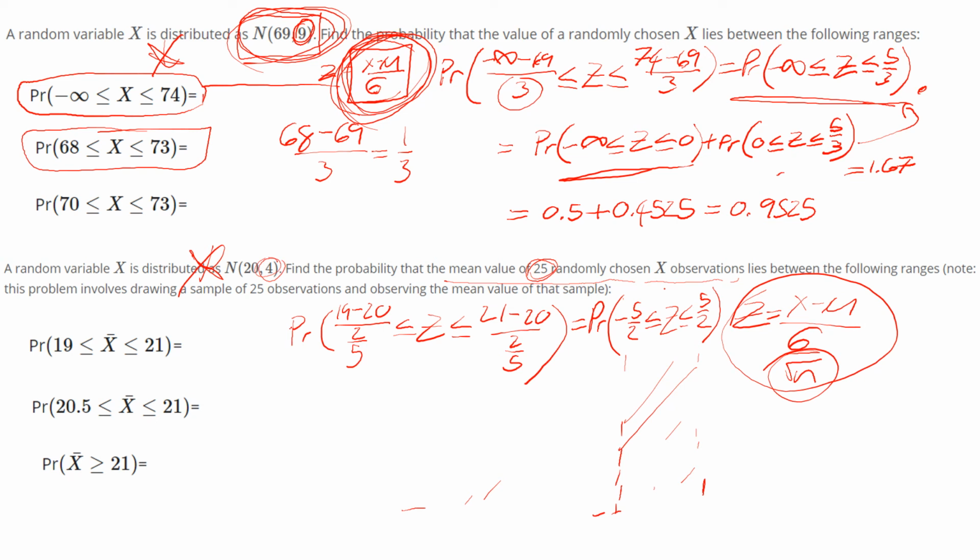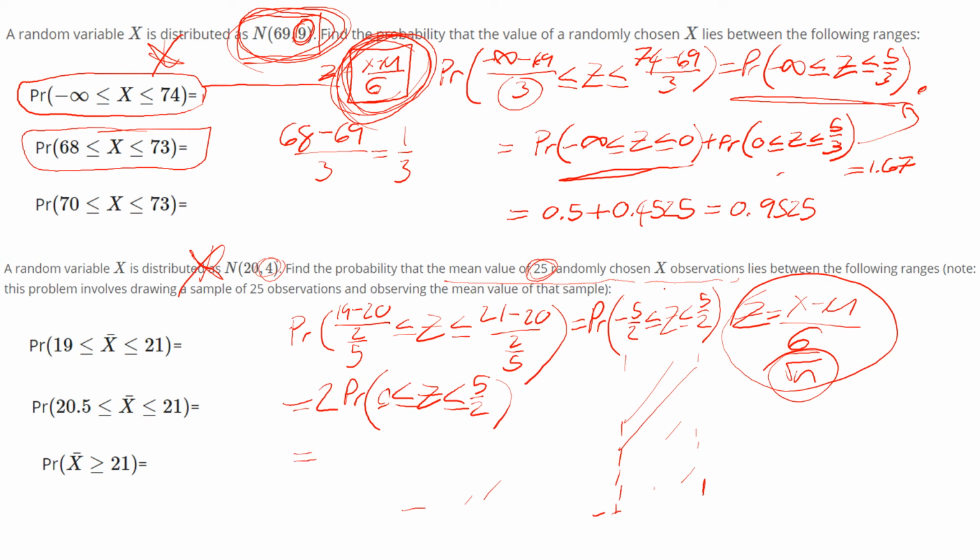However, given that the limits are in absolute value identical, we can exploit the fact that the Z distribution is symmetric, and say that this equals 2 times the probability that Z lies between 0 and 5 over 2. So all we need to do is look up the probability that Z lies between 0 and 5 over 2, and then multiply that by 2, and we have our solution.